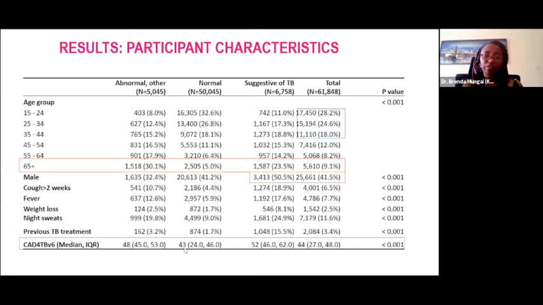Normal were 43 with again a range of 24 to 46. However, suggestive of TB, you can see it's higher, 52 with a range of 46 to 62. And we'll continue looking at the next set of results.